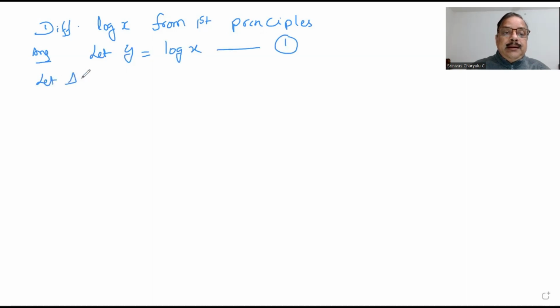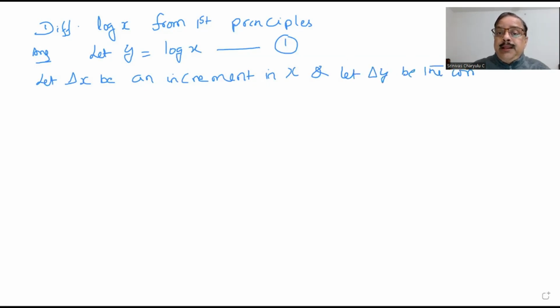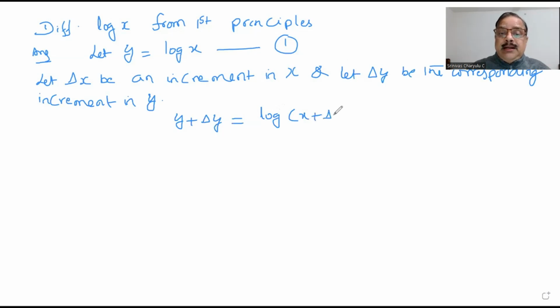Let delta x be an increment in x, and let delta y be the corresponding increment in y. So what you will get now, y plus delta y is equal to log of x plus delta x, because the function is log x. We have given an increment in x as delta x, x plus delta x. So this will become the second equation.